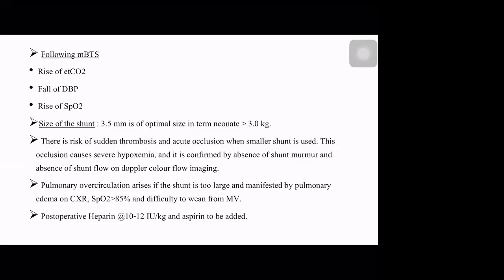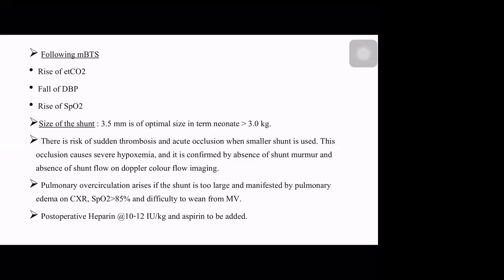Now, following modified BT shunt, some changes occur which will guide you that the shunt is functioning well and the patient is improving. After the procedure is over and the clamp is removed, there will be a sudden rise of EtCO2 because cardiac output is improved. There will be a fall of diastolic pressure because of diastolic runoff through that BT shunt, and there will be a rise of saturation.